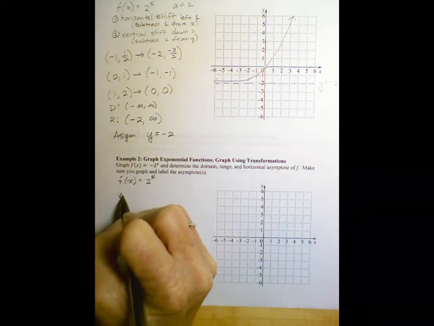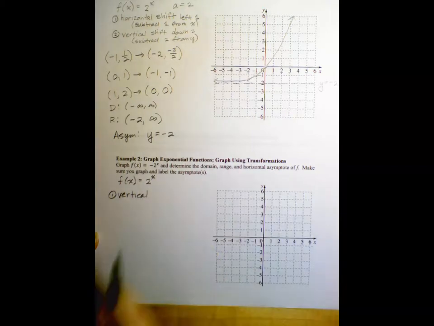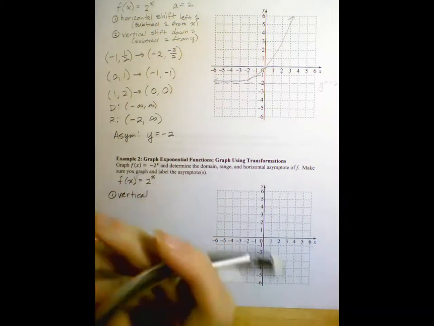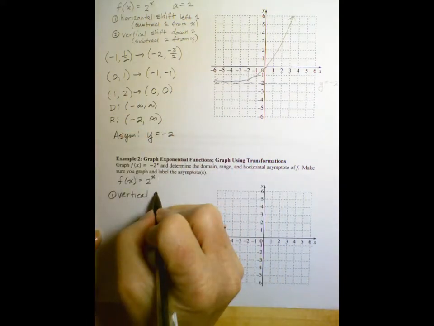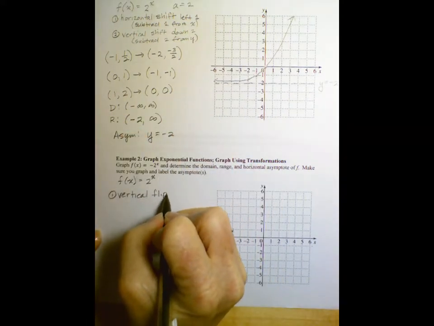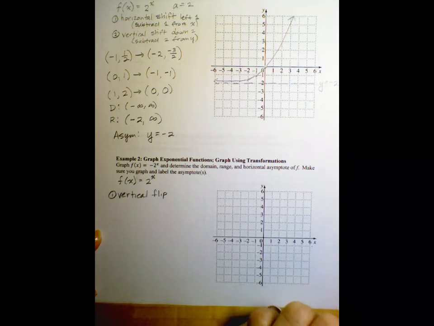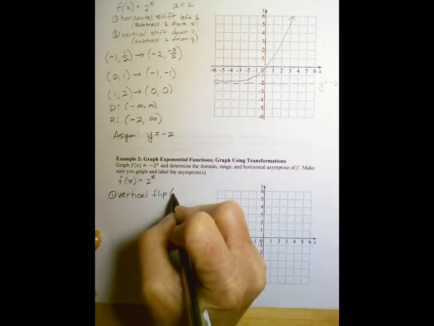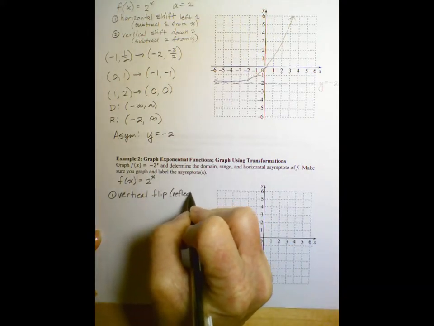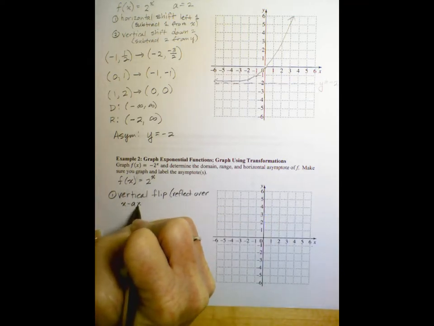So we have a vertical what? What is the transformation that we see here? There's only one to go from this to this. Vertical reflection or flip. For fewer letters, I'll write flip. So if you have a vertical flip, which axis are you reflecting over? The x-axis, right? So we reflect over the x-axis, as a reminder.